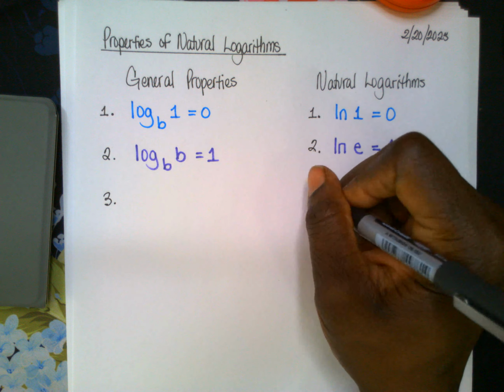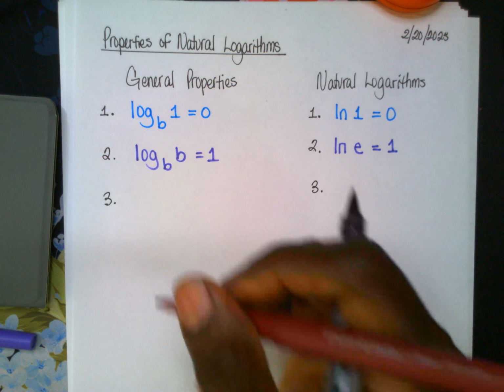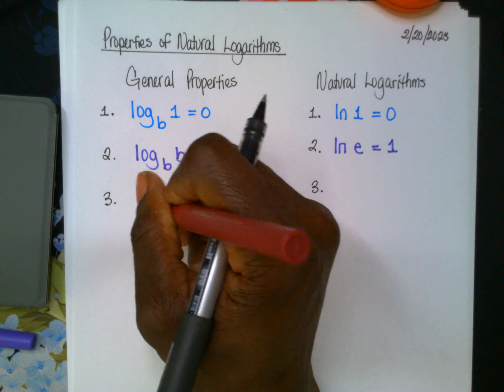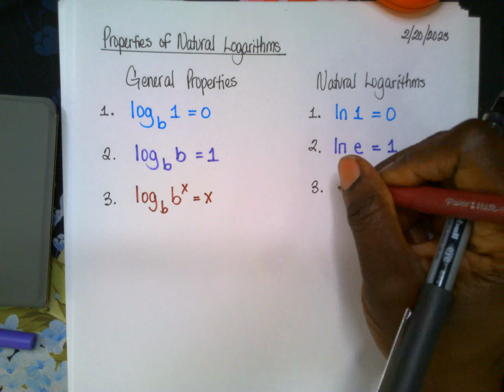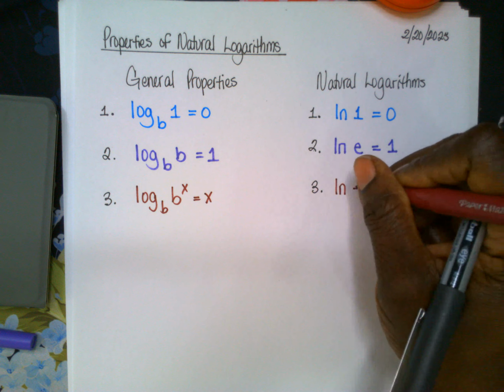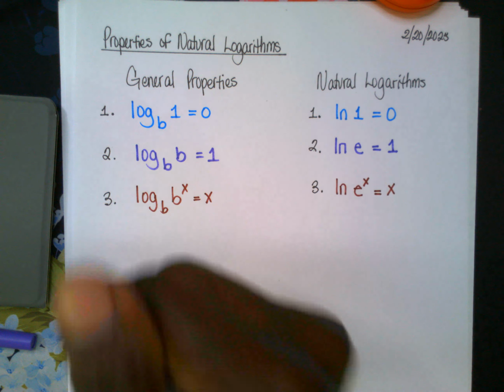Let's look at 3. We're going to have log base b of b to the x is equal to x. This is the same as natural log of e to the x is equal to x.